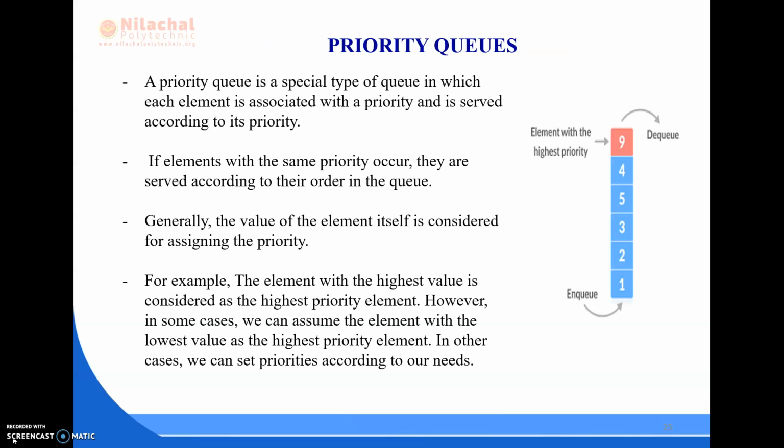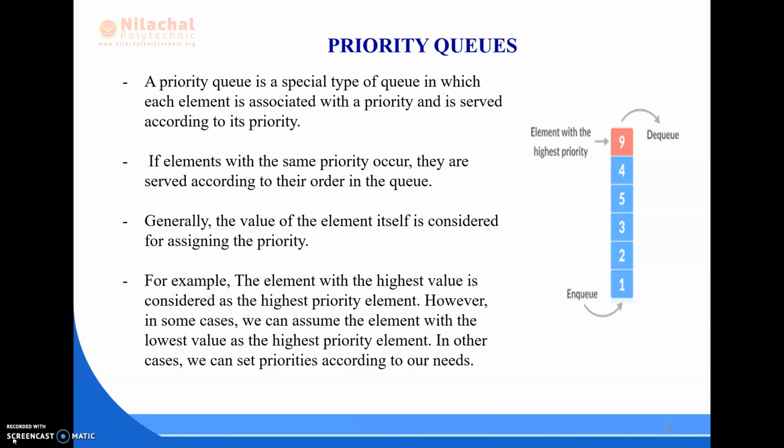So next we need to know about the priority queues. Let's know what a priority queue is. A priority queue is a special type of queue in which each element is associated with a priority and is served according to its priority. If elements with the same priority occur, they are served according to their own order in the queue.